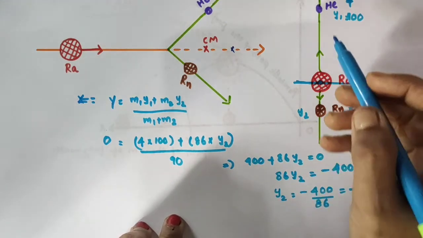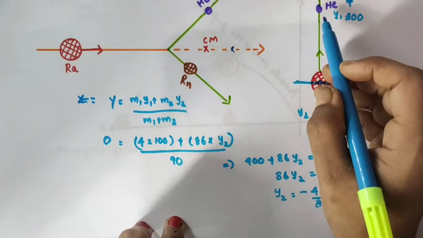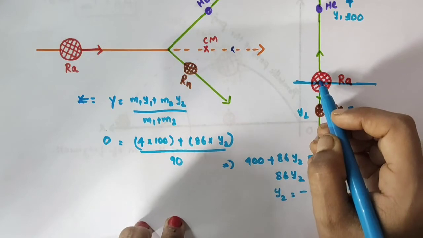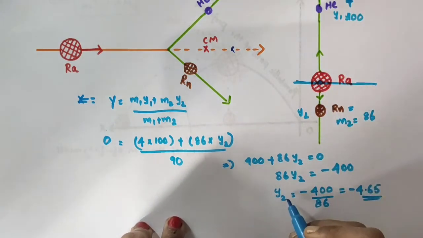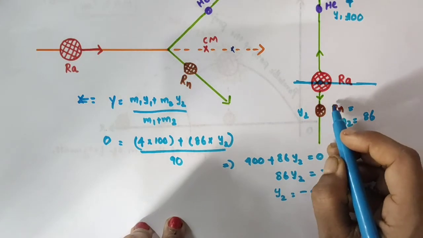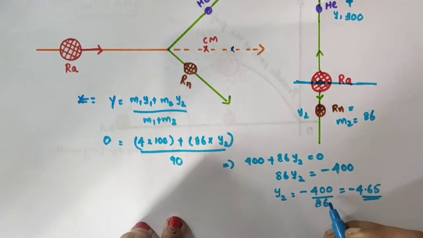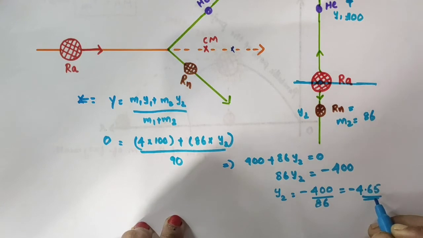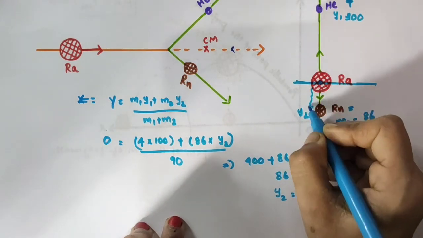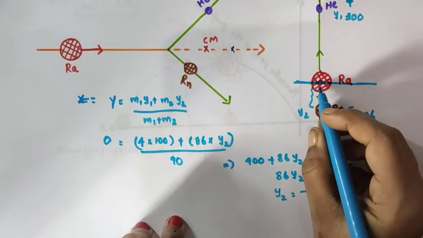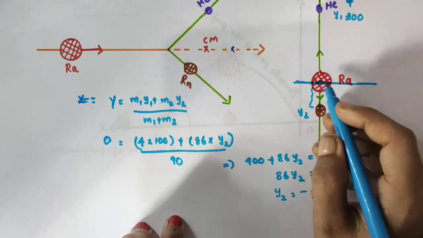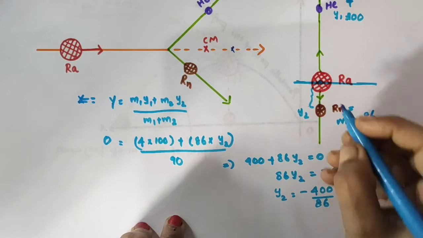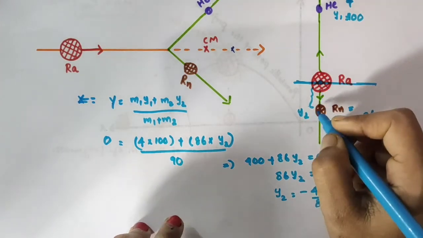See, we have taken the position of the alpha particle as 100 units away from the origin. But we got y2, the position of the radon nucleus, as only minus 4.65, that is, from here to here only 4.65 units. The radon is only 4.65 units away from the origin, where the center of mass is at rest, and negative means it is along the negative y direction.